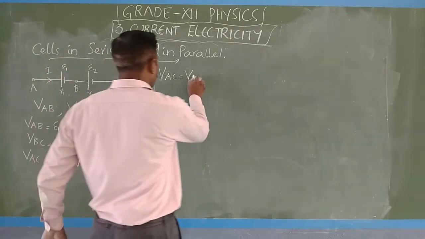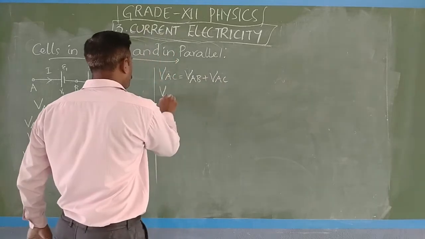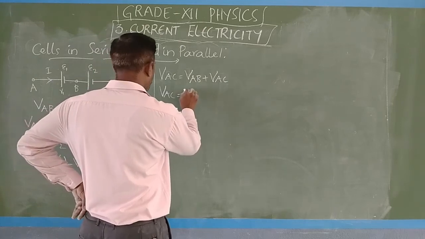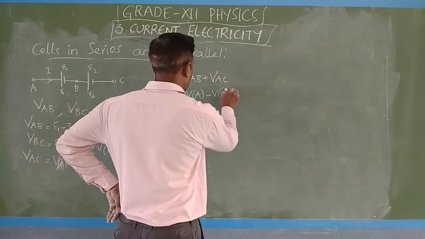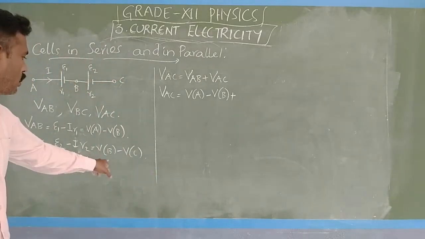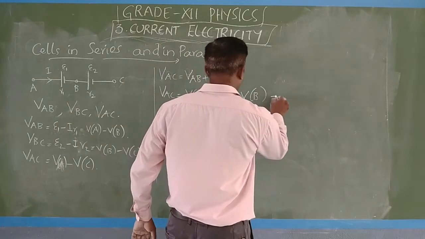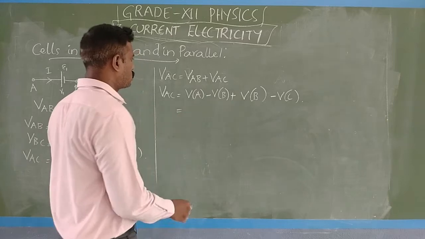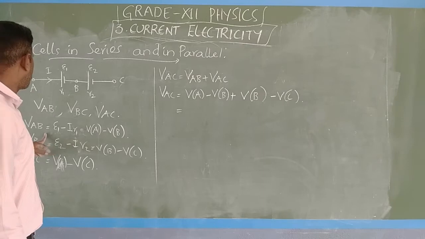So VAC is V of A minus V of B plus V of B minus V of C. So what is V of A?